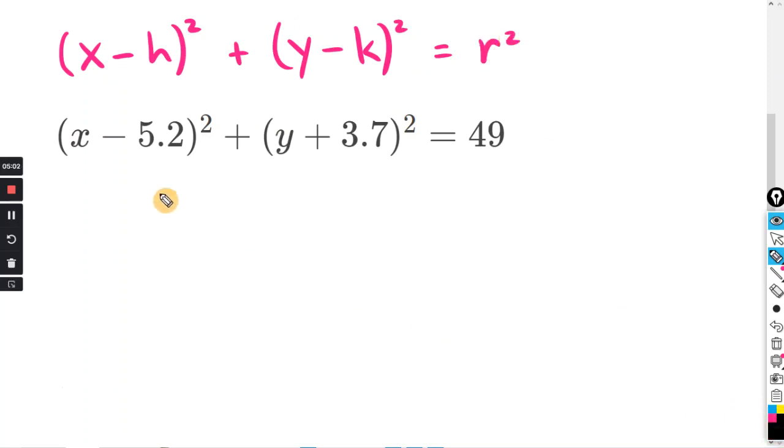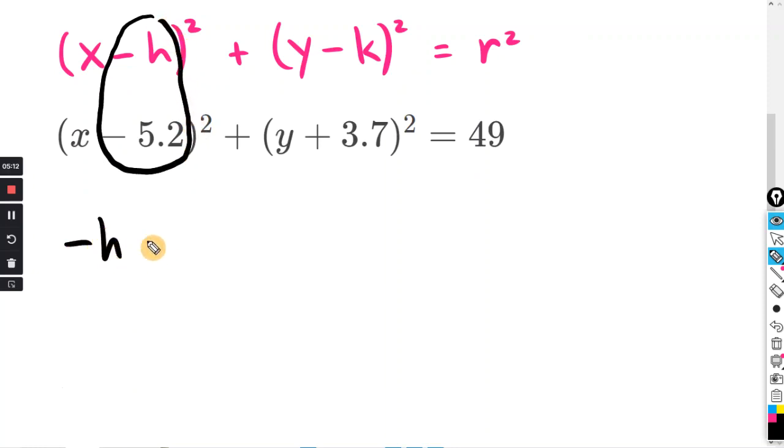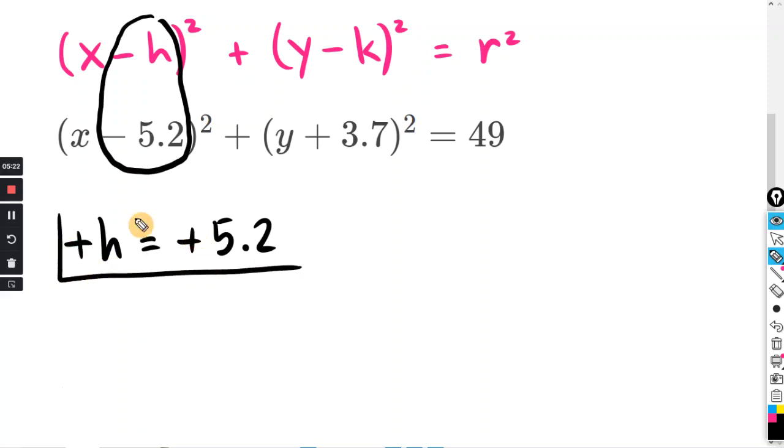All right, and once again, we can just match numbers to letters. We can see here that negative h equals negative 5.2. Multiplying both sides by negative 1 just changes the sign. So h is positive 5.2.